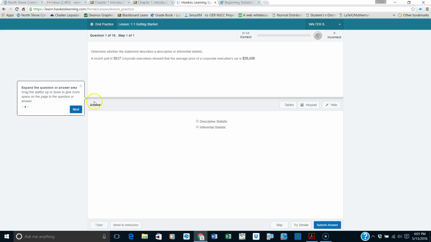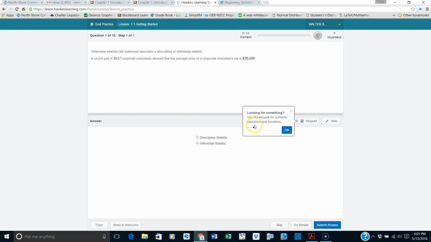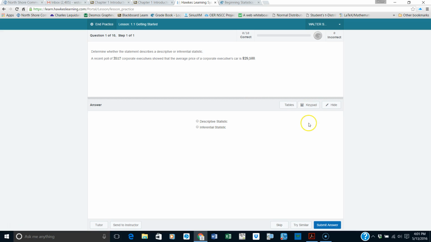It gives you some nuggets of information, and we can open the window a little bit to expand the question or give more space. There's also a keypad here that we can use for different symbols and functions and tables when we need them. So as you go through the course, we may look at these as well.